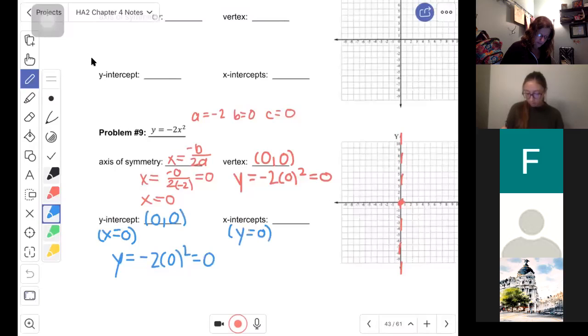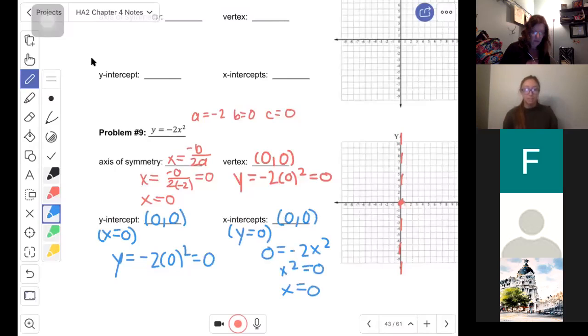And lastly, when we're setting y equal to 0, we get 0 equals negative 2x squared. We can divide both sides by negative 2. We get x squared equals 0, which is just x equals 0, which we have to write that again as an ordered pair. So make sure you're being specific and precise with your notation. Your axis of symmetry is x equals, and your intercepts are ordered pairs.